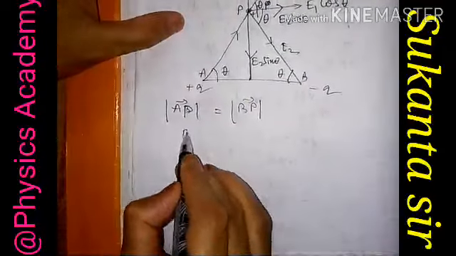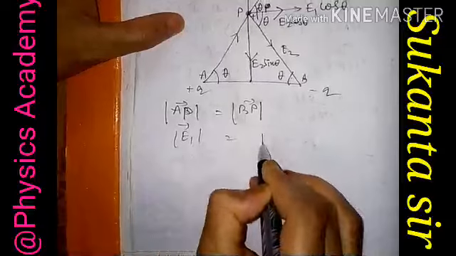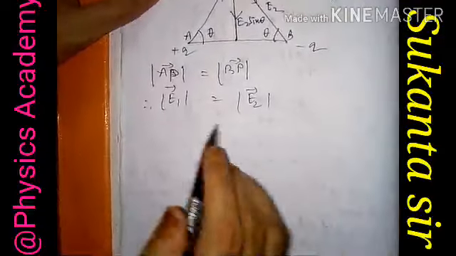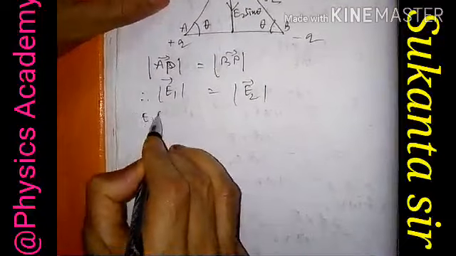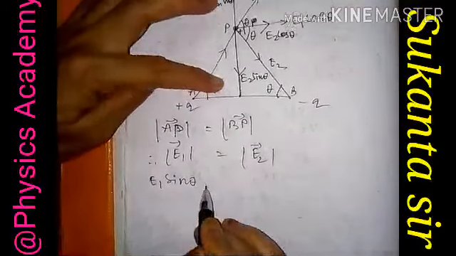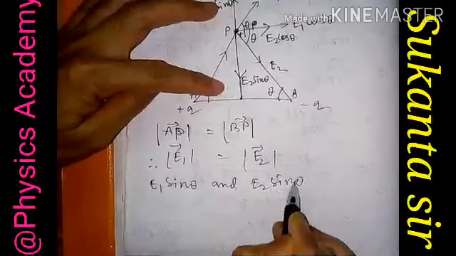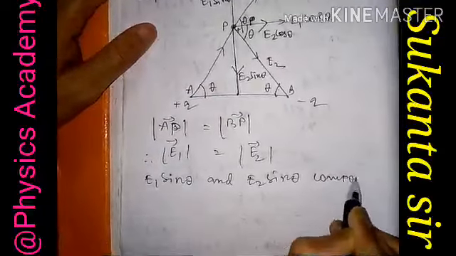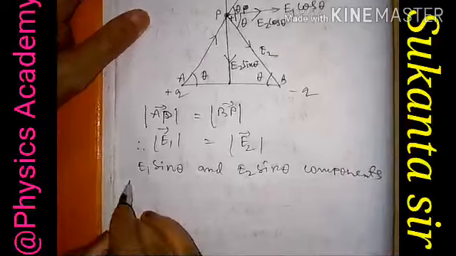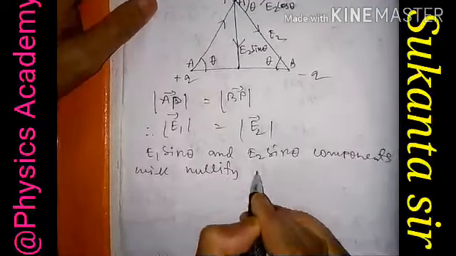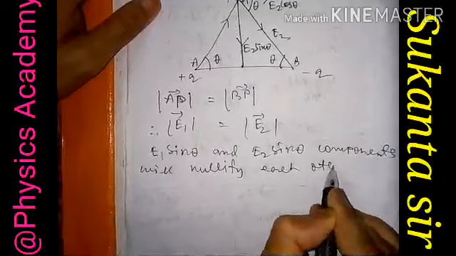Therefore, the magnitude of the E1 vector equals the magnitude of the E2 vector. Hence the E1 sin theta and E2 sin theta components will nullify each other.